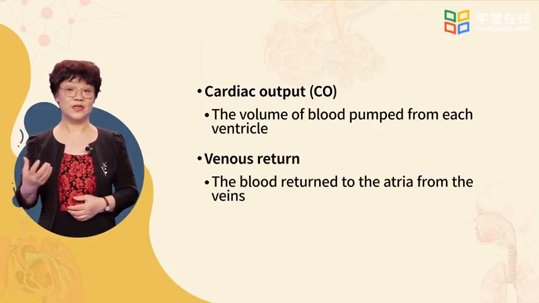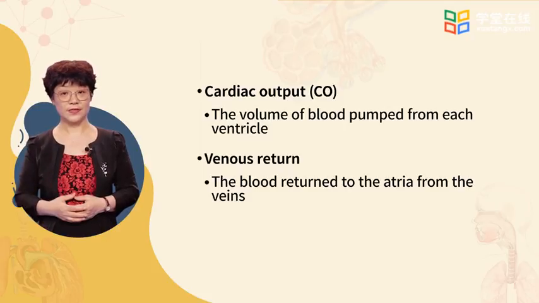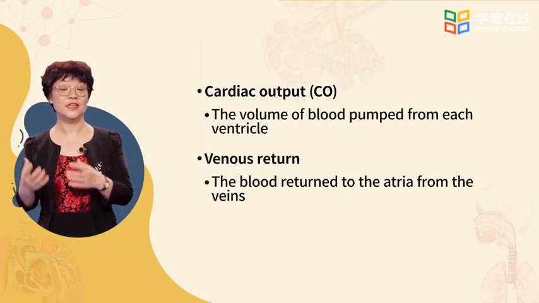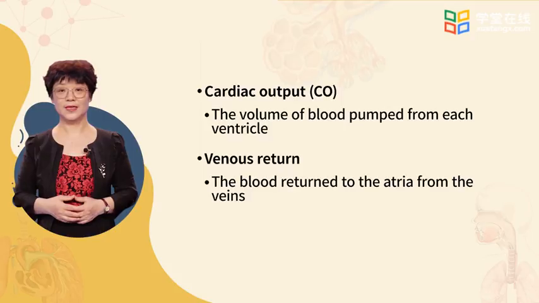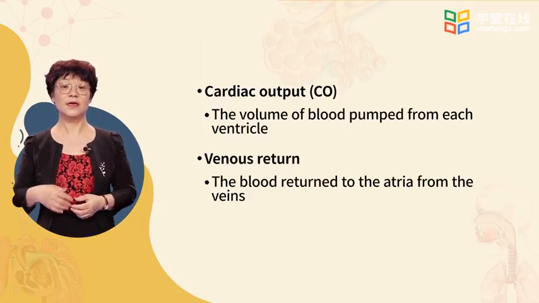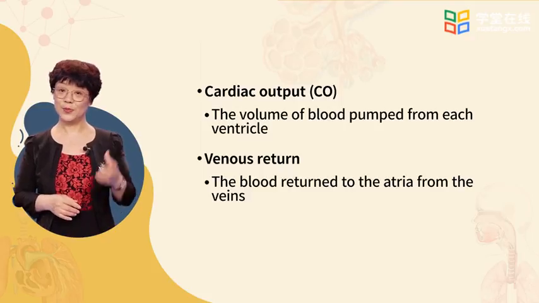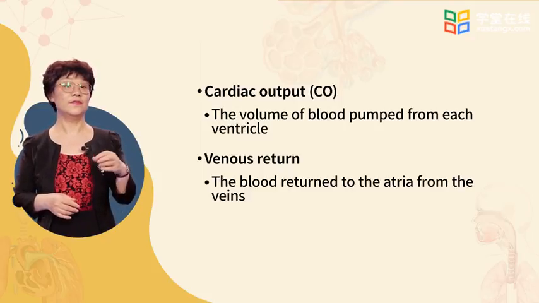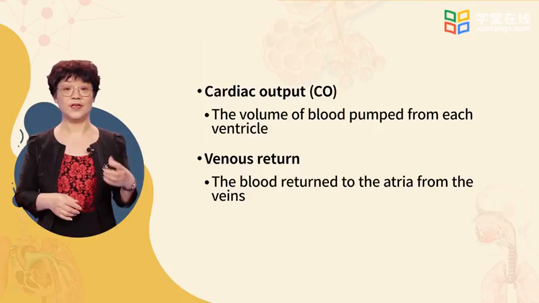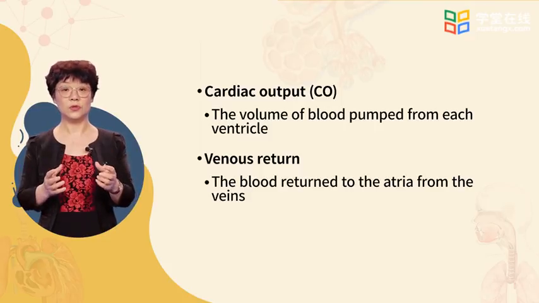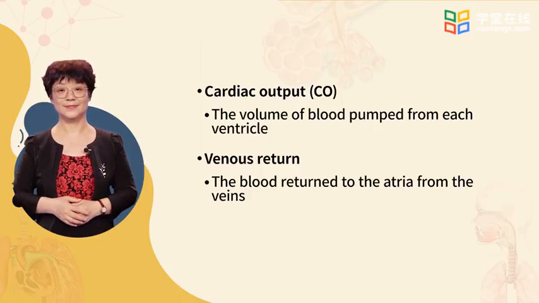The blood returning to the atria from the veins is known as the venous return. Because the left heart and the right heart operate in series, the cardiac output from and the venous return to the left and right heart are equal in a steady state.